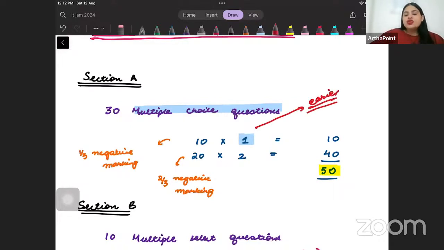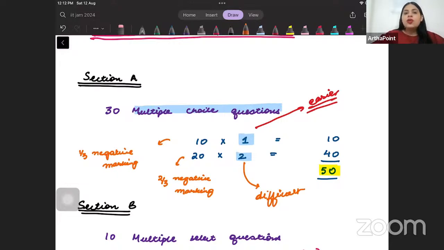And 20 multiple choice questions are of 2 marks each, and they are comparatively difficult. So 10 questions of 1 mark each are comparatively easy, and the remaining 20 questions of 2 marks each are comparatively difficult.